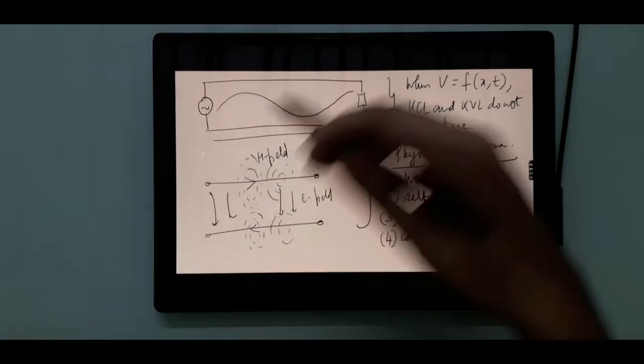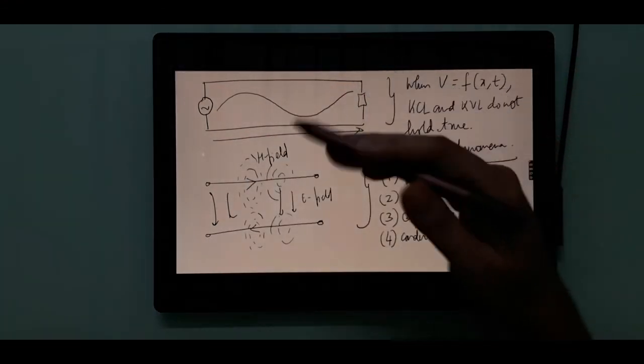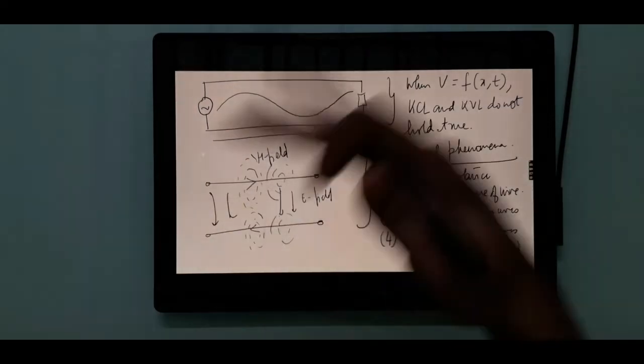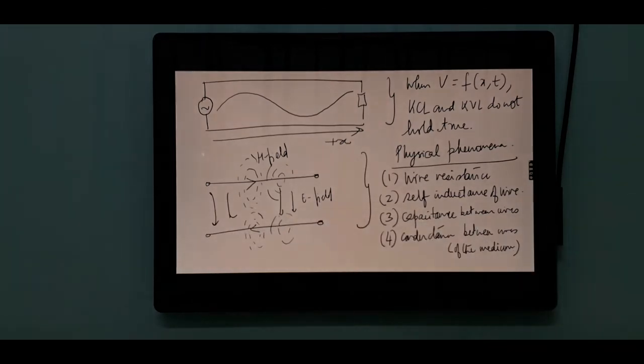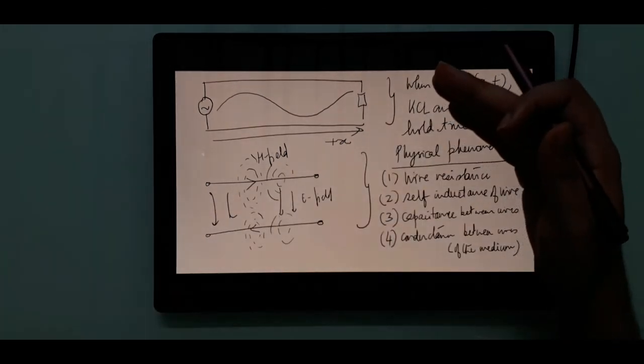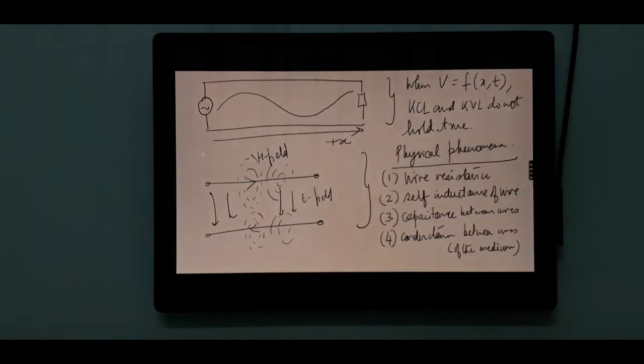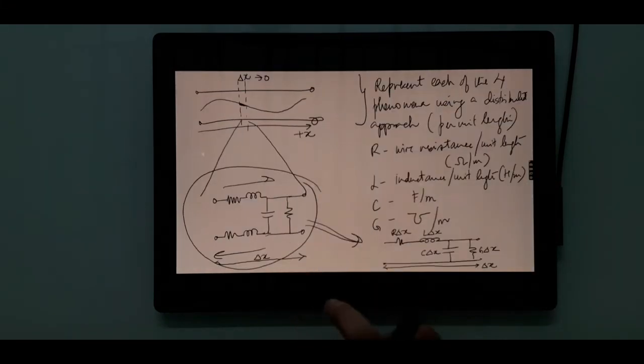So we said that let us try to understand this physical phenomenon on the line and try to model it using elements that we already know, that is circuit elements, RLGC. And this is precisely what we did.